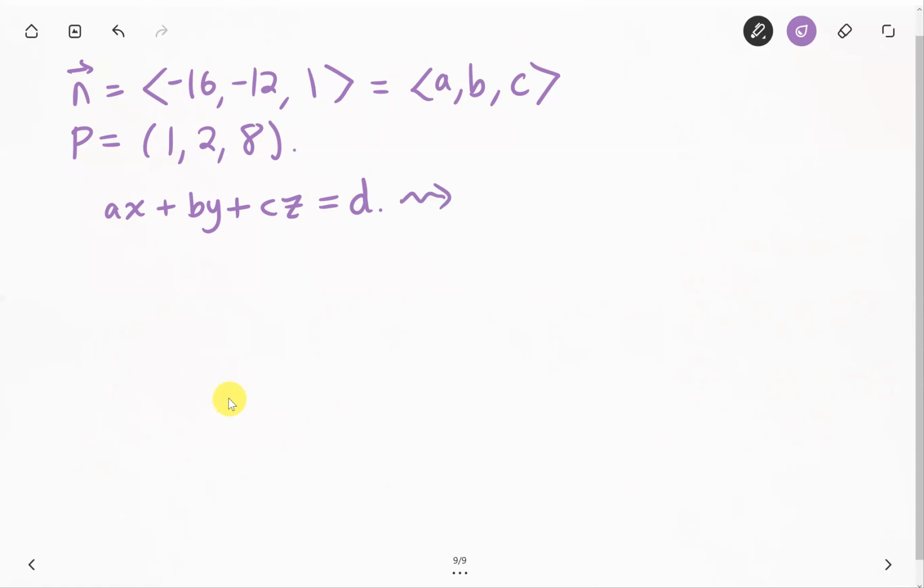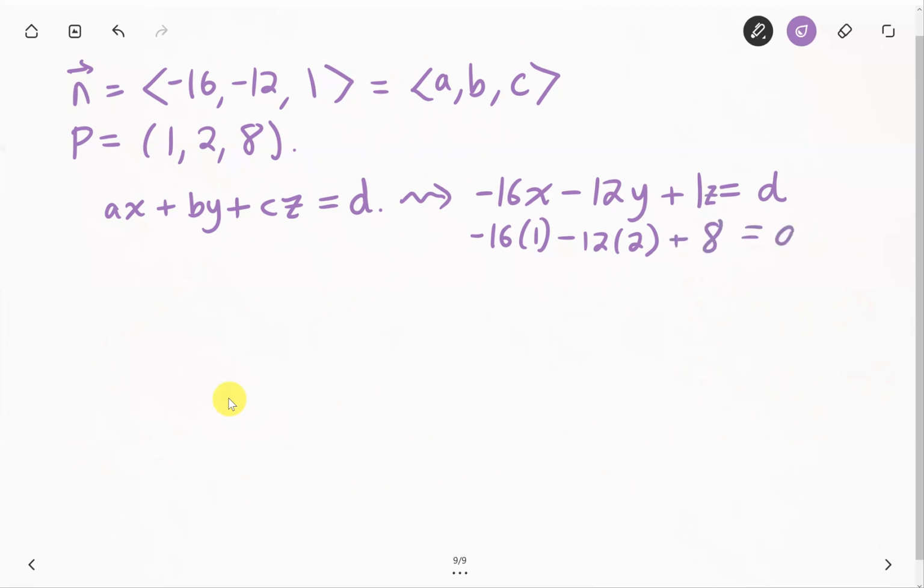I know the values of A, B, and C. This is negative 16x minus 12y plus z is equal to D. To find the value of D, we can just plug in our point. So we'll get negative 16 times 1 minus 12 times 2. Oh, I forgot a z up there. Plus 1 times 8, which is 8, is equal to D.